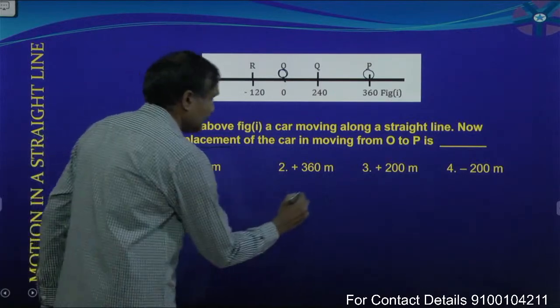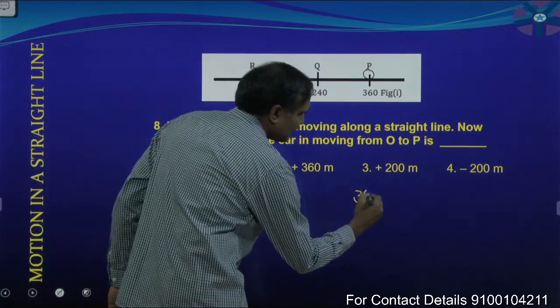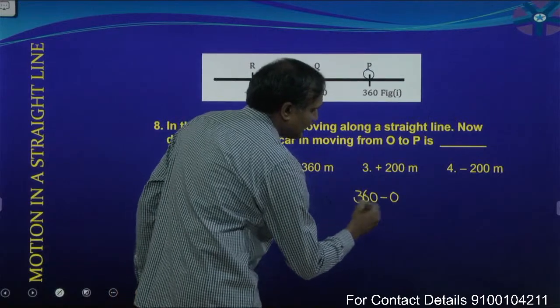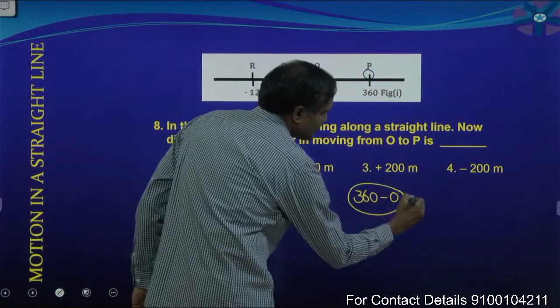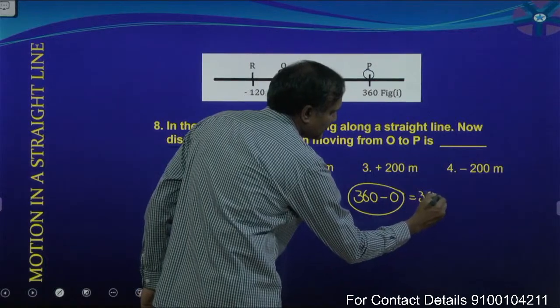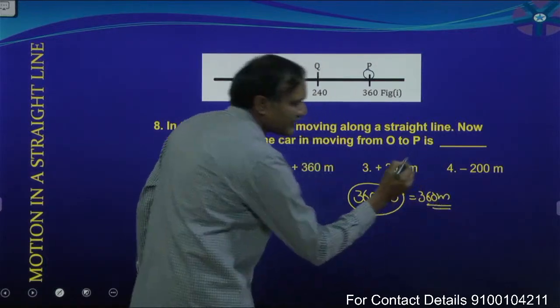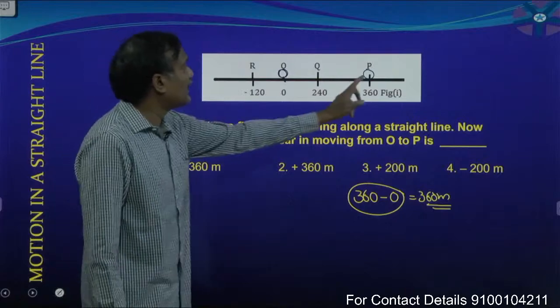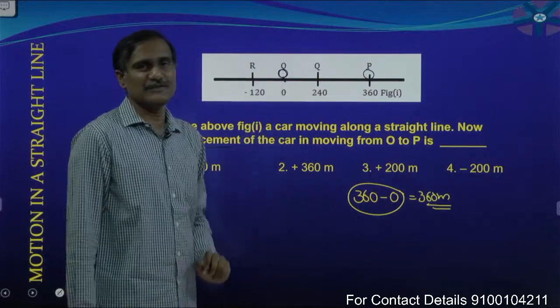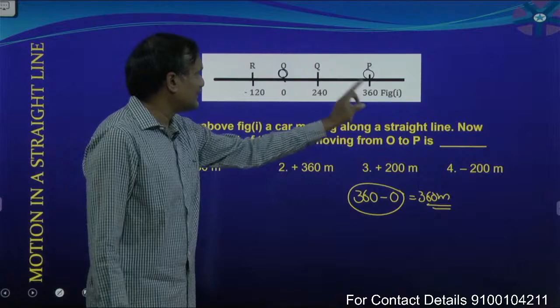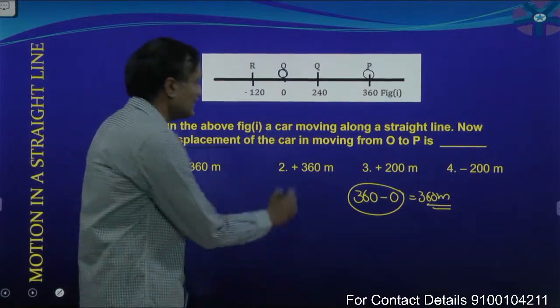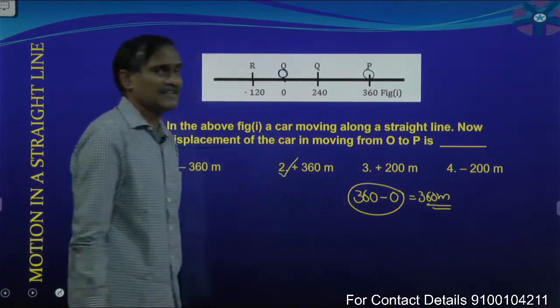Therefore, it becomes how much? 360 meters. Final position minus initial position, 360 minus 0. So, the second option is the correct one.